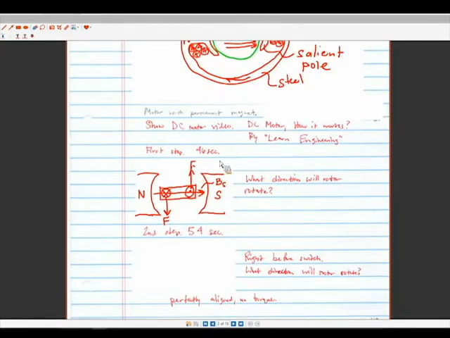Okay, so combined, I'm going to have a torque going in this direction. So at this current point in time, there's a torque, and it's in the counterclockwise direction. Right? Okay. Any questions on that? All right, so we'll play the video for just a little longer.